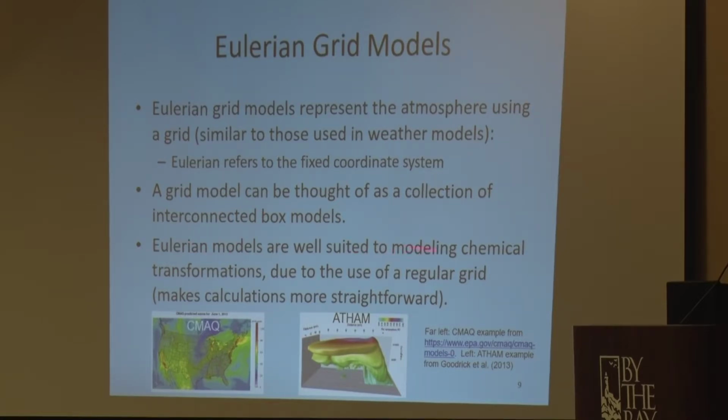Eulerian models are well suited to the modeling of chemical transformations, for instance the formation of ozone, because of that regular grid. It just makes those calculations more straightforward. But Eulerian grid models span a wide range of scales in terms of what they're used for. An example of a model that might be used on a larger scale is CMAQ, where you might have multiple sources of different kinds.